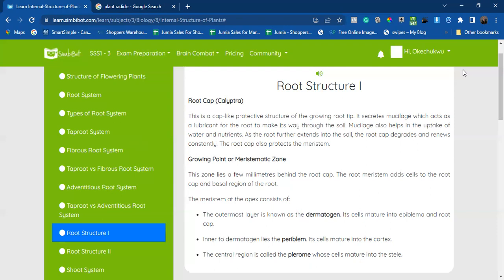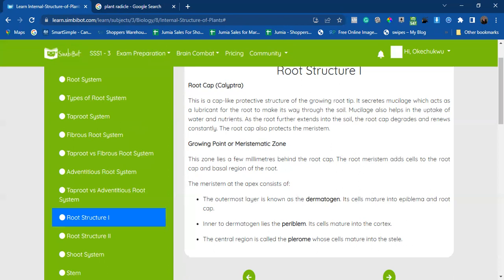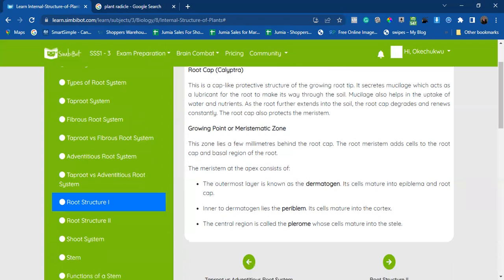The mucilage secreted by the root cap, or calyptra, can also help to absorb nutrients and water. Now, the more the root develops, the root cap degrades and renews constantly.